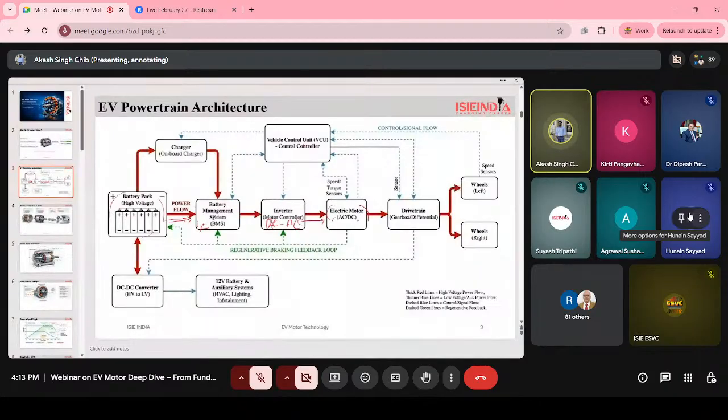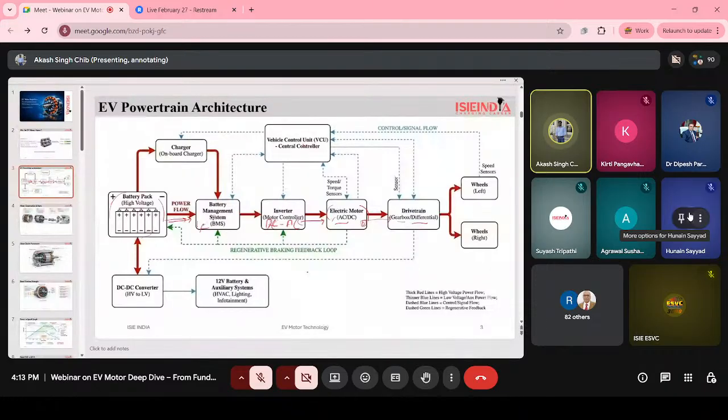This is our electric motor. It converts electrical energy into mechanical energy, and it produces the rotation. When the rotation comes to the drivetrain, here is the gearbox and the differential part. I think you have seen the differential in heavy vehicles.